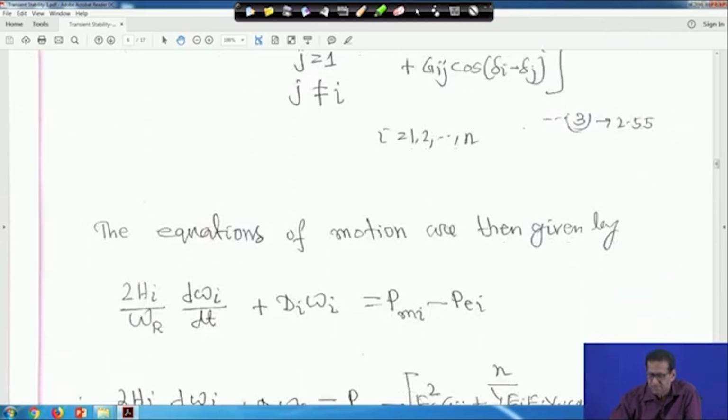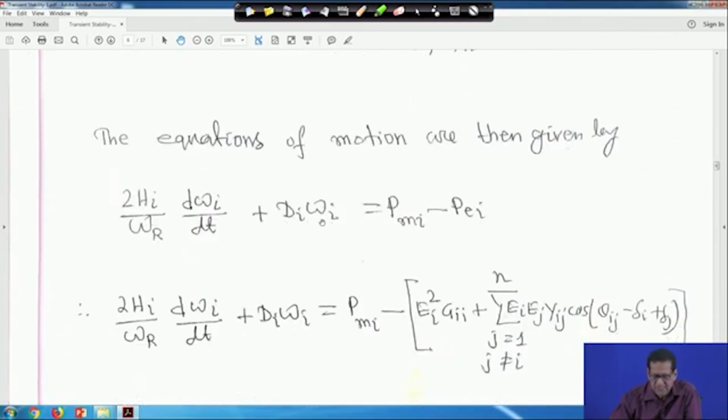Now the equations of motion are given by the swing equations we have seen before for synchronous machine analysis. The same thing we can write: 2Hi upon omega r, where omega r is the reference speed, into d omega i by dt, plus Di, the damping coefficient, times omega i, is equal to Pmi minus Pei, for the ith machine.